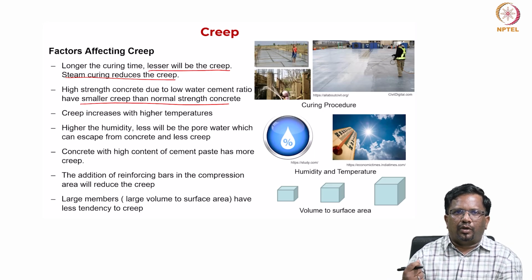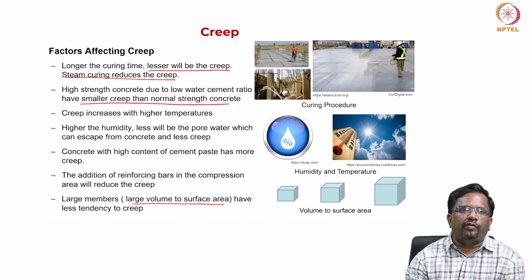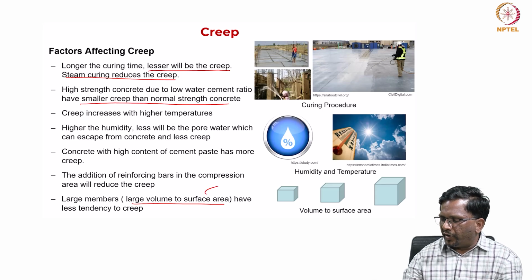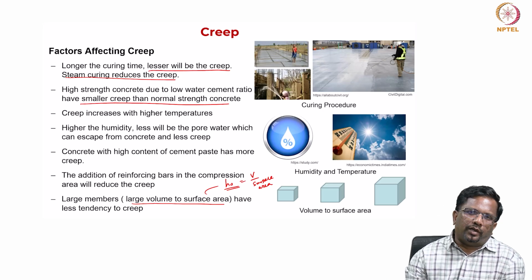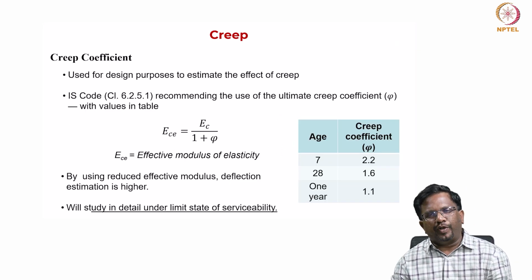So, typically large members will have a large volume to surface area, that means less surface area, and they tend to have less creep. This is what we denote by the factor called H0 in the future slides. It typically indicates the volume to surface area. The higher the H0, the less the creep deformations, which we will discuss in the coming slides. Okay, now how do we address this creep?